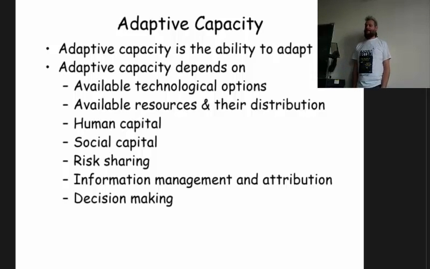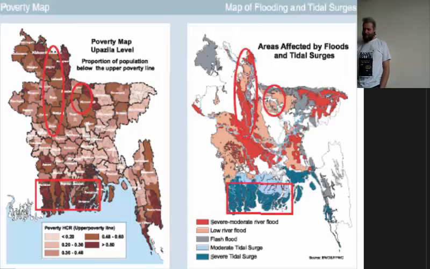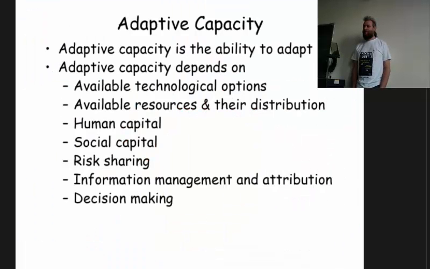If you look at the distribution of income spatially in Bangladesh and the distribution of flood risks in Bangladesh, then you would see that it's the poor who suffer from floods. It's the poor people who live on the coastal flats, the poor people who live on the river flats, and the rich people and the powerful people live in higher places and are much safer.